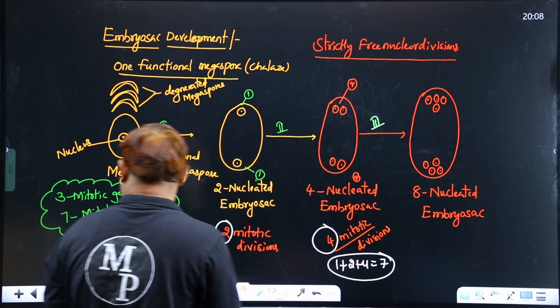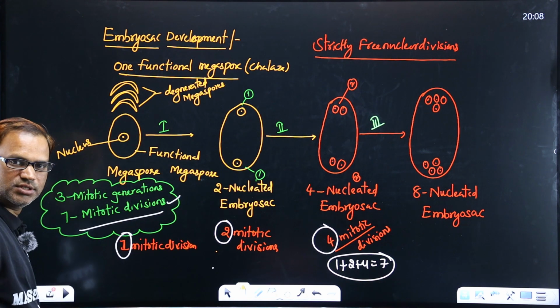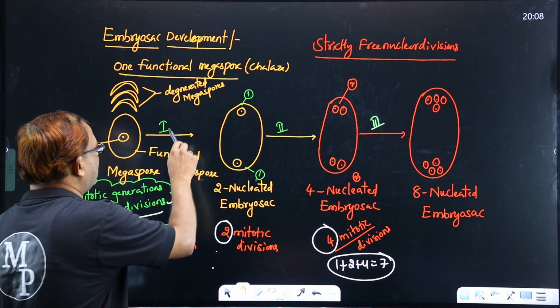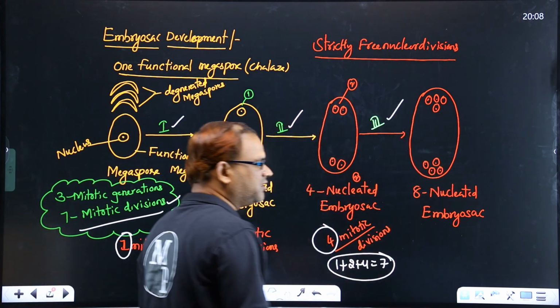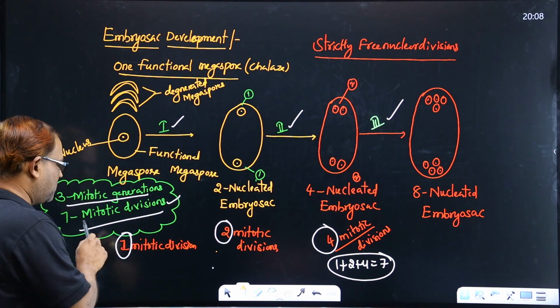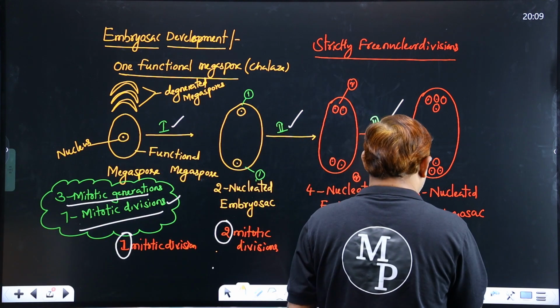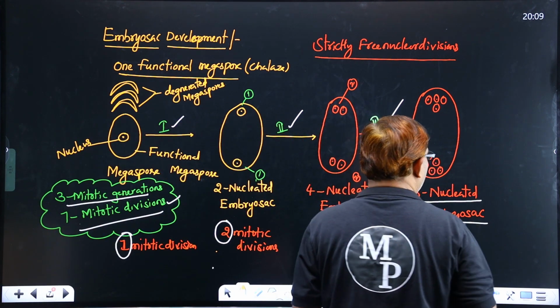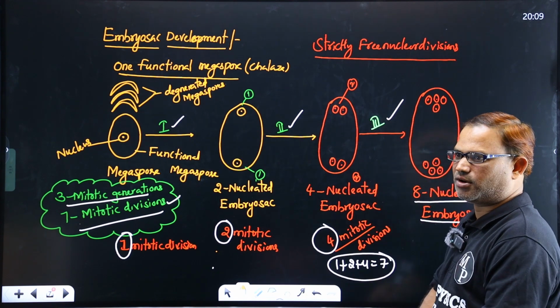So there are 7 mitotic divisions. How many generations? This is the first generation, the second generation, and the third generation. So 3 mitotic generations, 7 mitotic divisions take place, and finally the 8 nucleated embryo sac is formed.